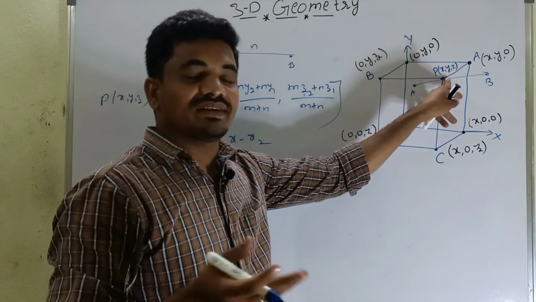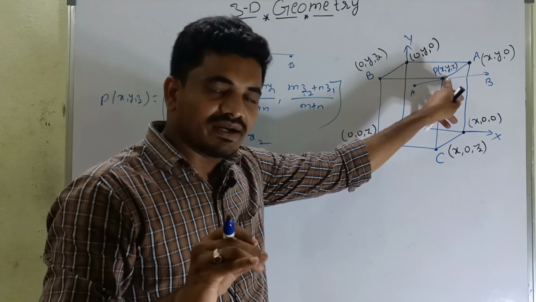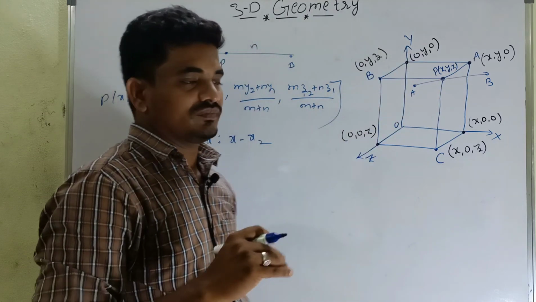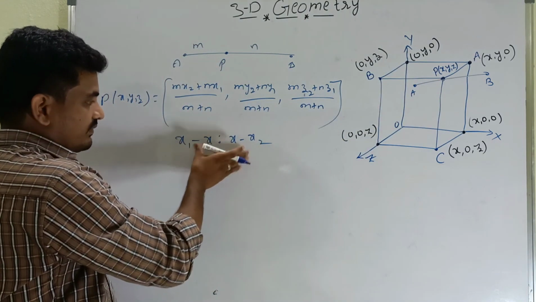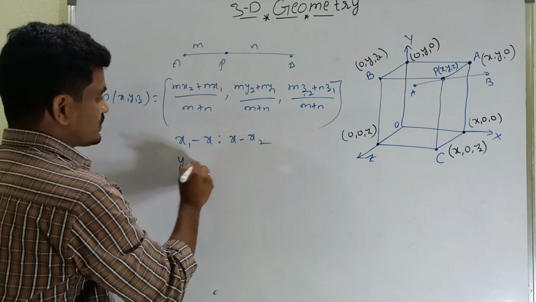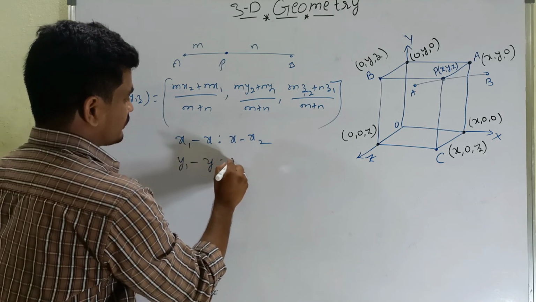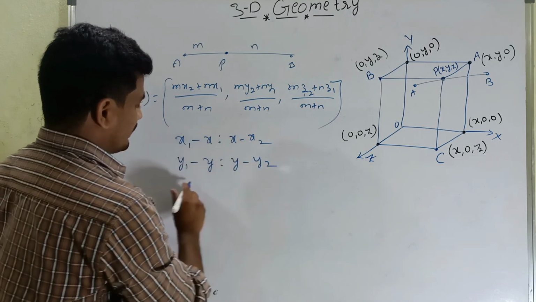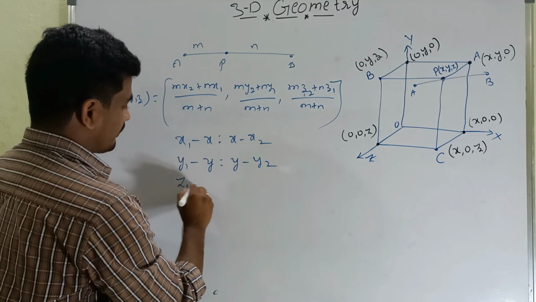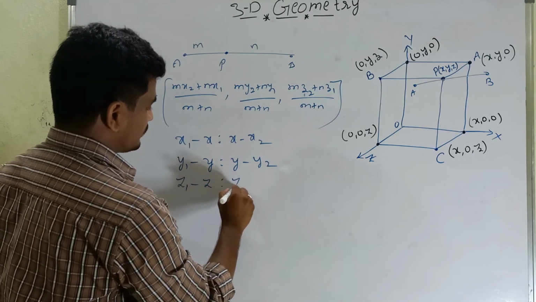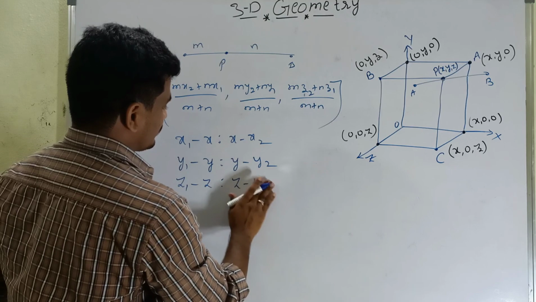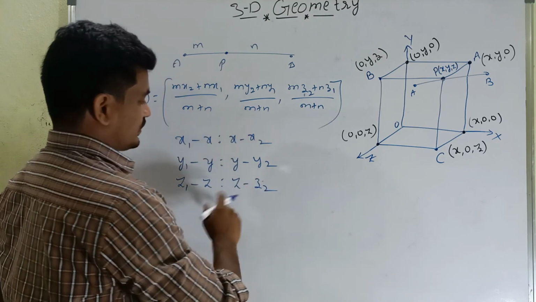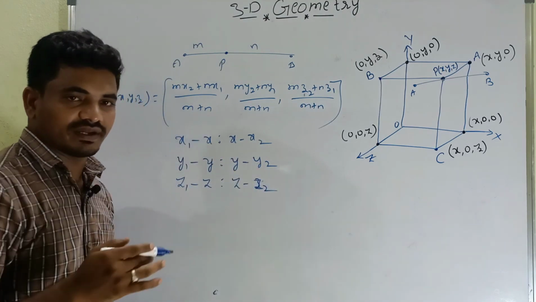To find the ratio with x we can use this, with y also we can use, and with z also we can use (z1 minus z) is to (z minus z2).